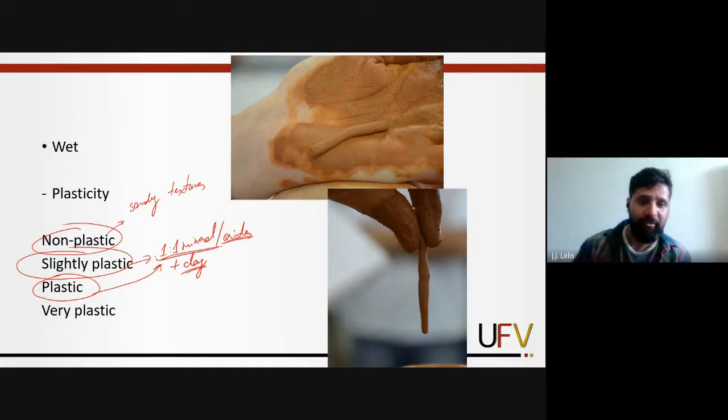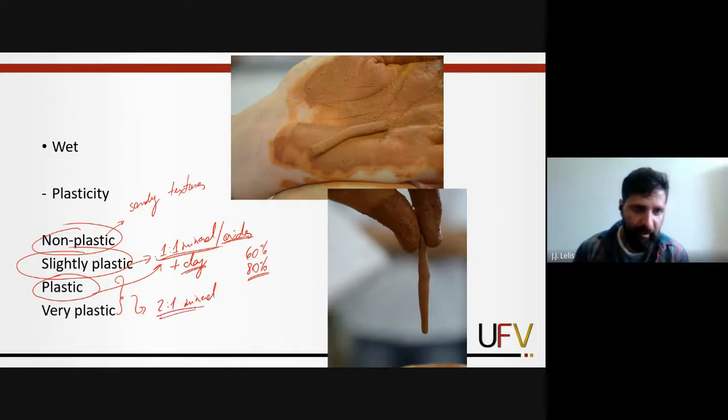But I have to have a lot of clay, something like 60% of clay or 80% of clay, a lot of clay. And plastic and very plastic, I can usually find in 2-to-1 minerals, especially the very plastic consistency.